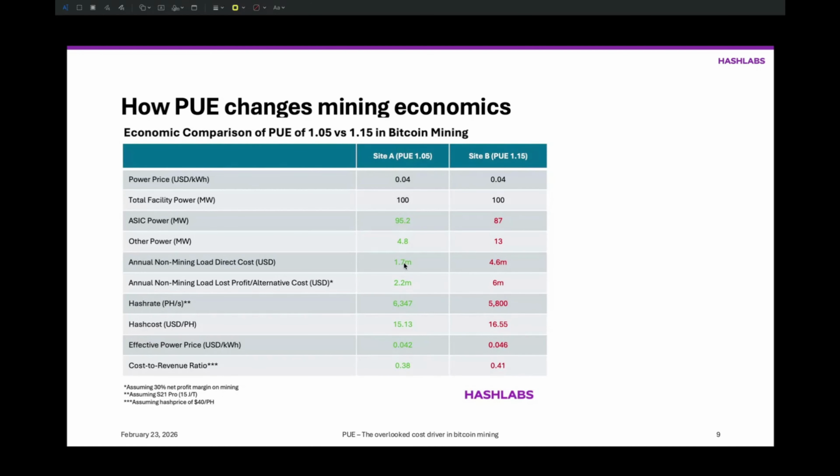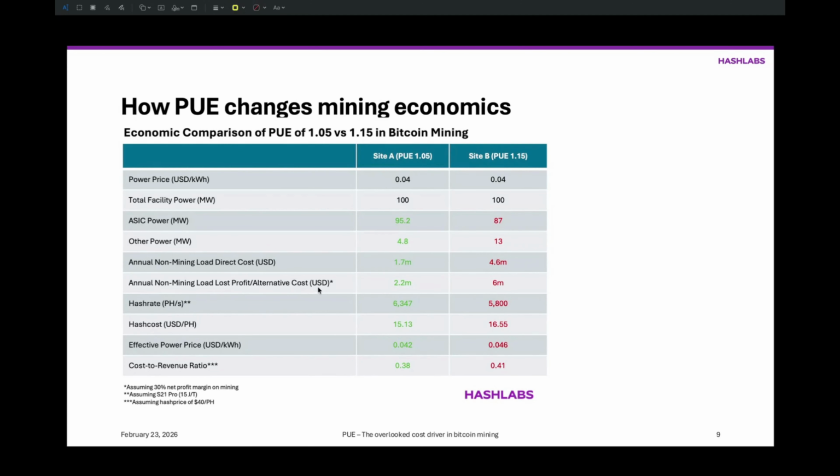Of course, that is necessary to keep the miners running, but you don't want to spend too much on that. Meanwhile, site B spends 3 times as much money on non-mining activities as site A, just because it has a much worse power usage effectiveness. 4.6 million is just going into the other electrical infrastructure on the site. That is 2.9 million less in profits for that site per year.